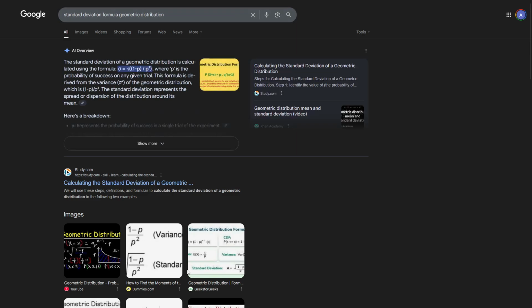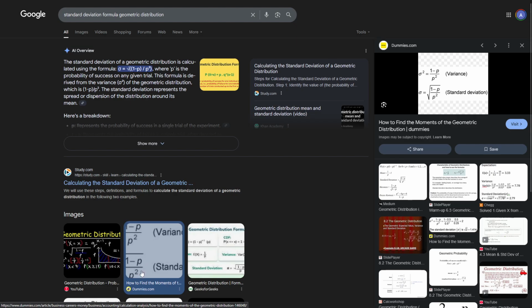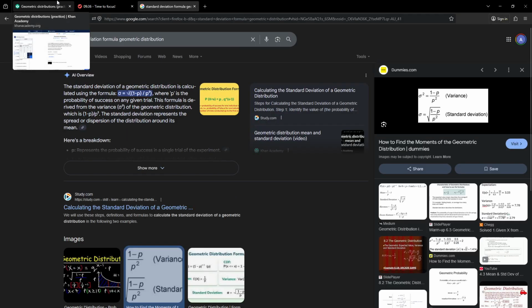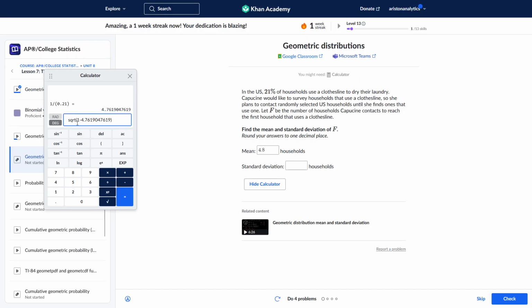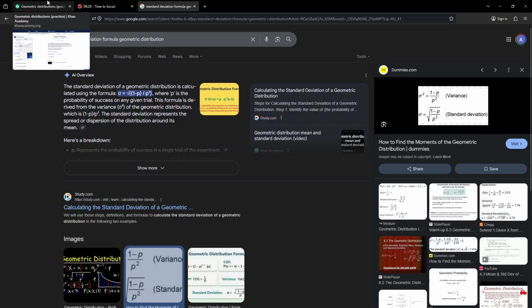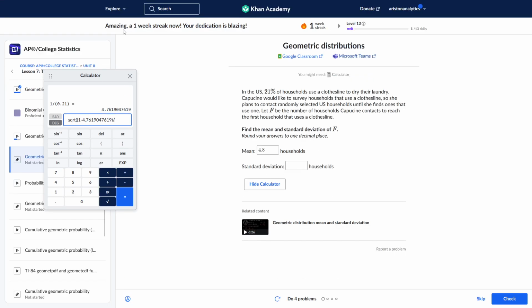P squared at the bottom. Divided by P squared, 1 minus P. Like that.